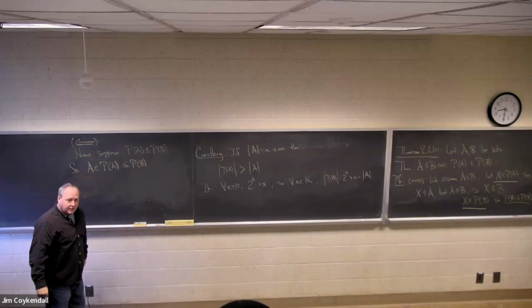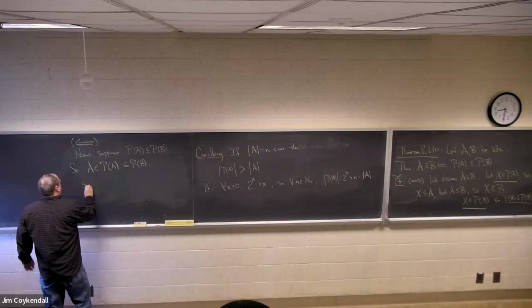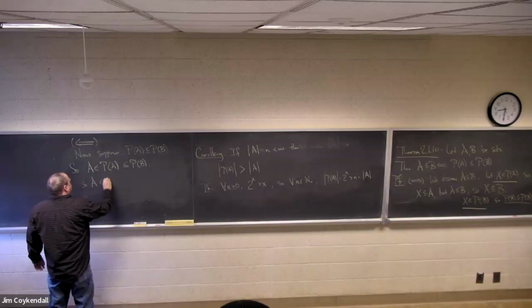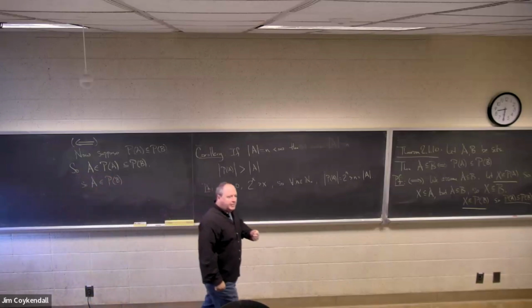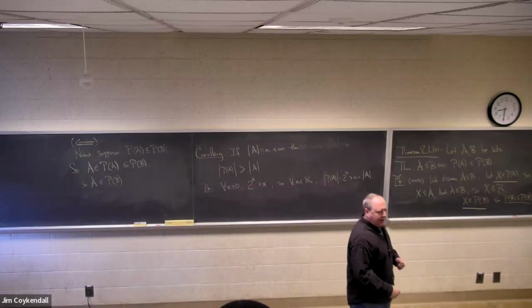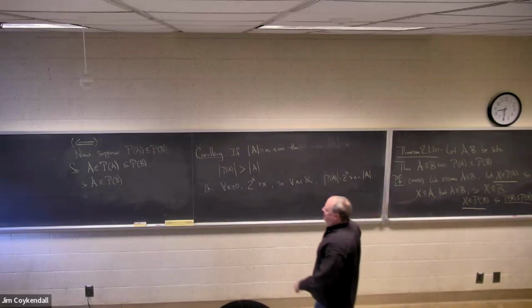Because that's what we're given. So A is in the power set of B. And what does it mean for a set to be in the power set of B? It's a subset of B.